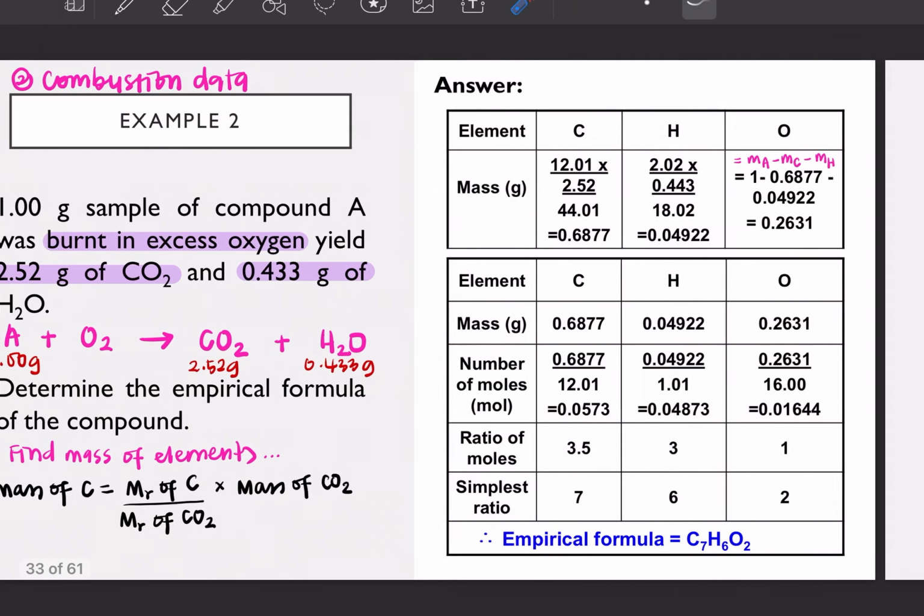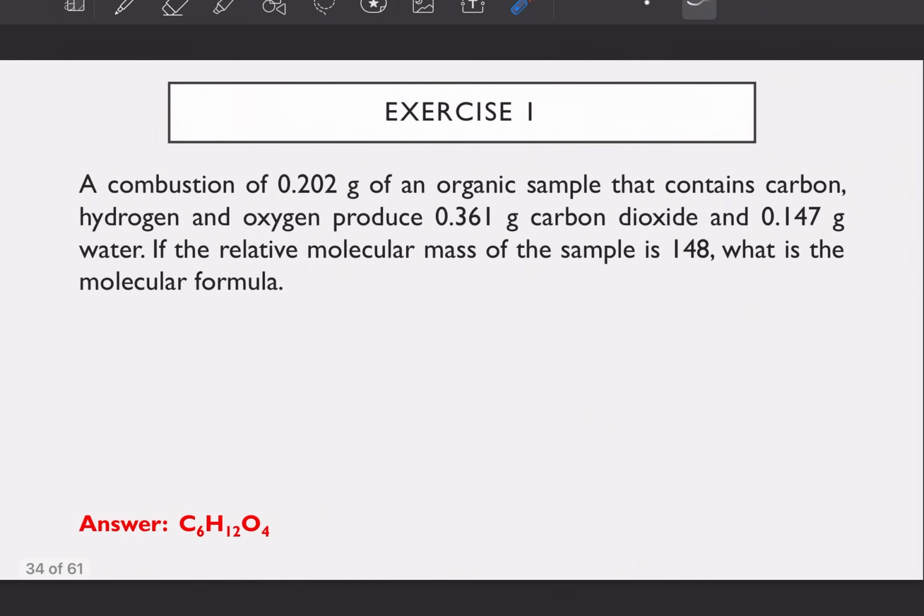Easy or not? Easy. The rest are exercises. Oh, there is only one exercise for this part. So, try doing this on your own and we can discuss it during our tutorial later. Alright? Okay, bye. Thank you.